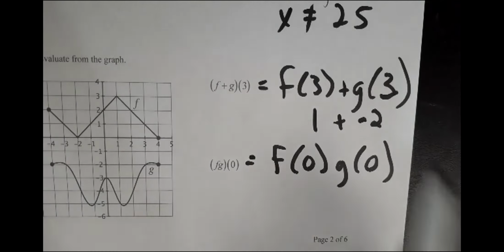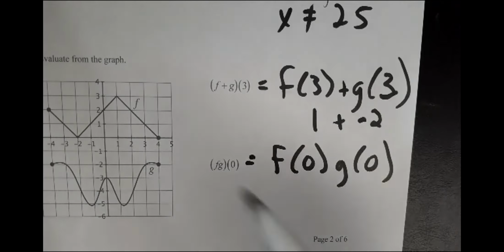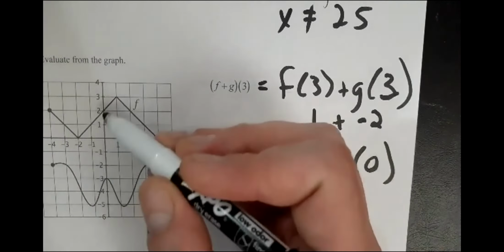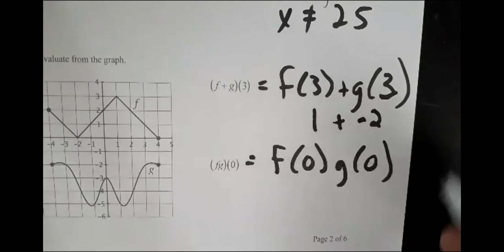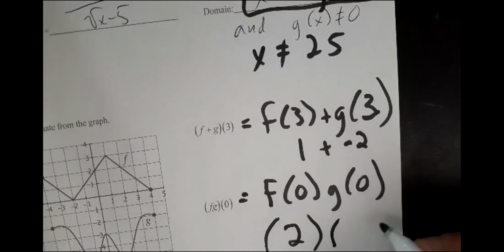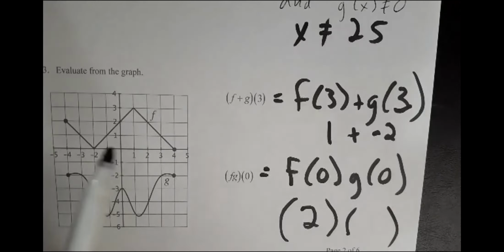And so this gives me a minus 1 up here. If I want to do f times g of 0, that is f of 0 times g of 0. f of 0: I go to my 0 on the x, and I see my y value is 2. My g: I go to my 0, I go to my g function.